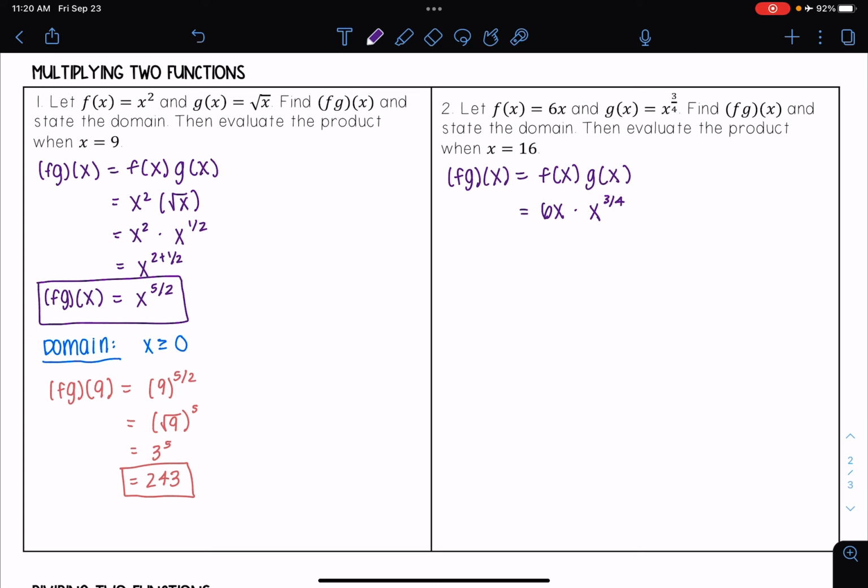My x here doesn't have an exponent, but whenever that's the case, there's really an imaginary 1 right there. And so when I multiply these, I get that this is equal to 6 times x raised to the 1 plus 3/4 power. And so adding those, I get 6x to the 7/4 is equal to my fg of x.